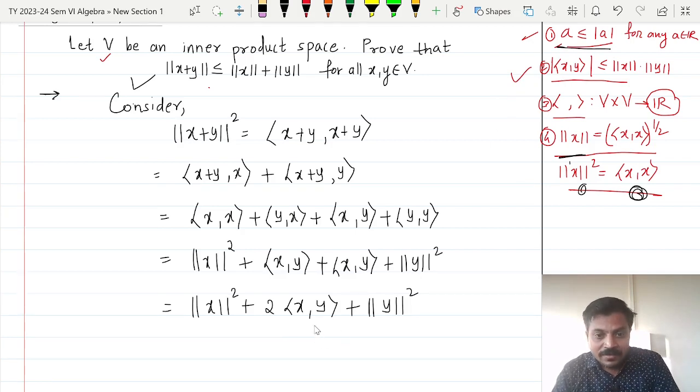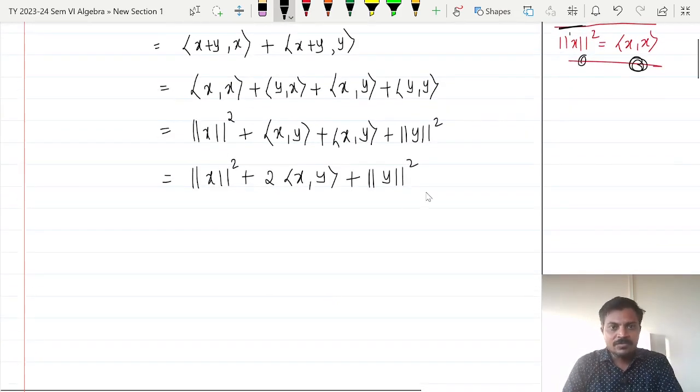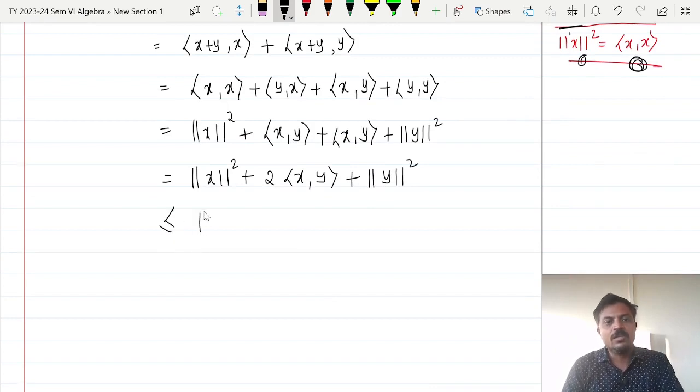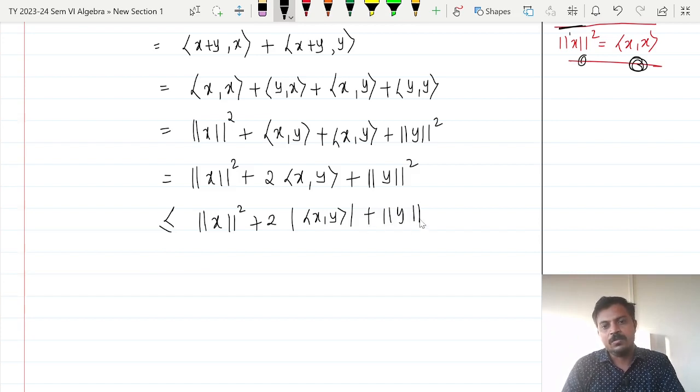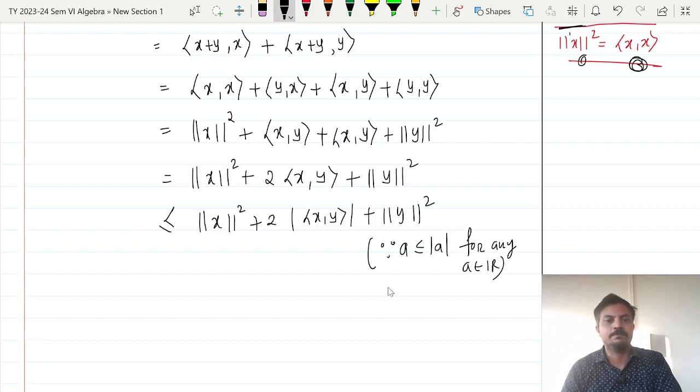So by using this, we can say this will be less than or equal to norm x whole square plus twice, remember this is a real number a for us, so this is mod of inner product of x, y, plus norm of y whole square. What is the reason? Since a is less than or equal to mod a for any real number a.